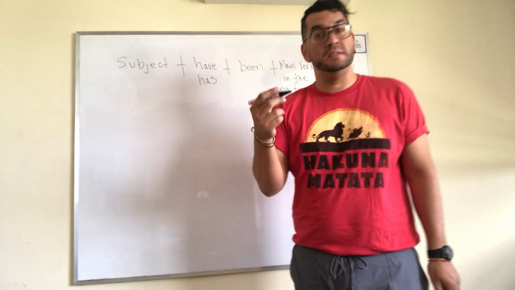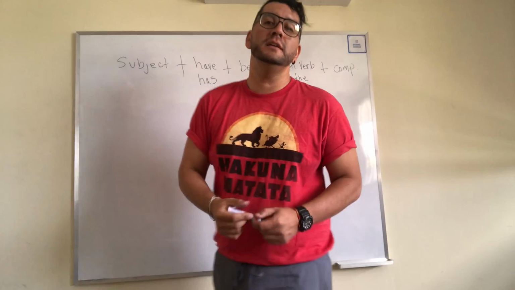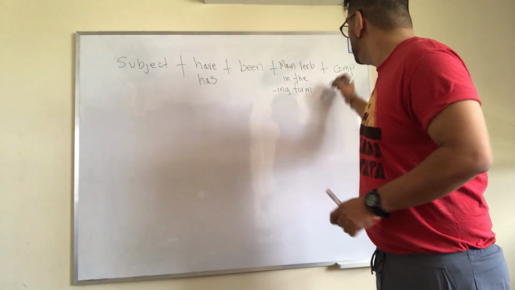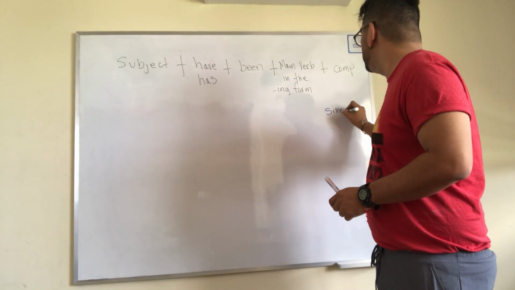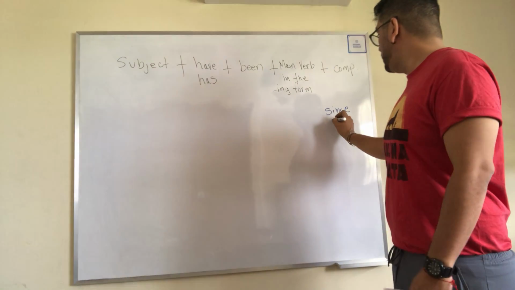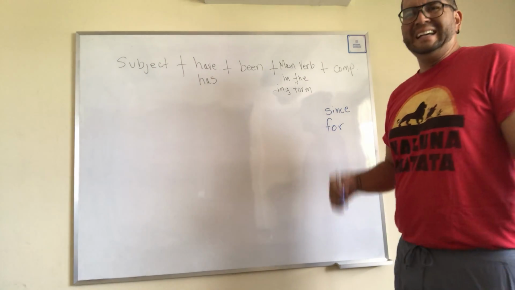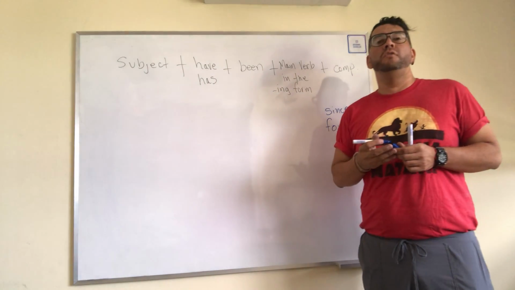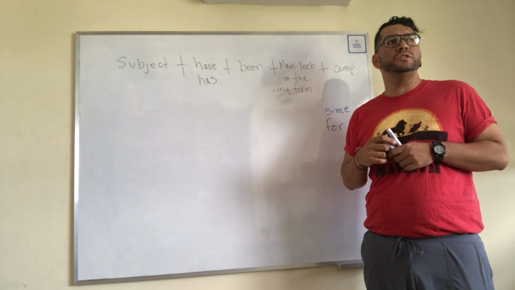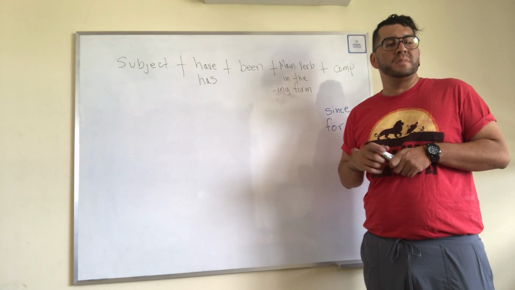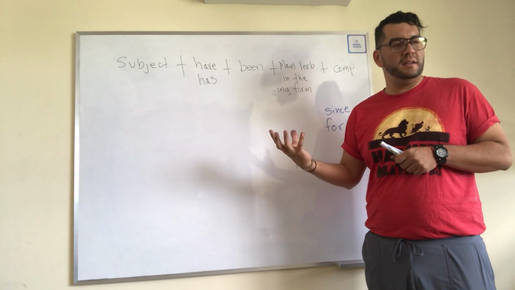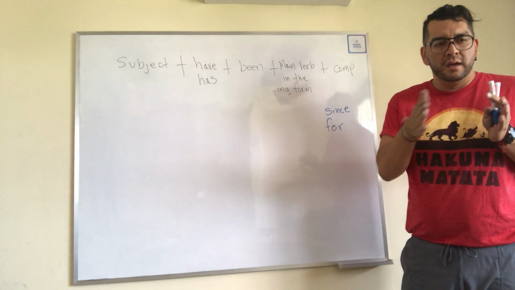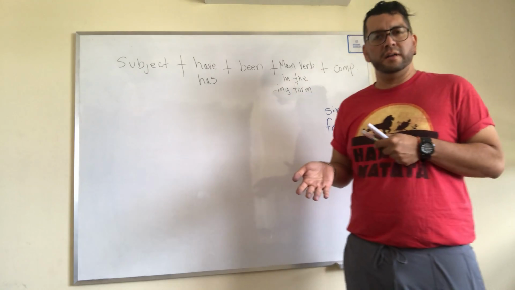So in this case, the best friends of this tense are going to be the words since, right? And the word for. Since, we use this word when we talk about a date, a specific date, or it takes us to a specific time in the past when something started, right?